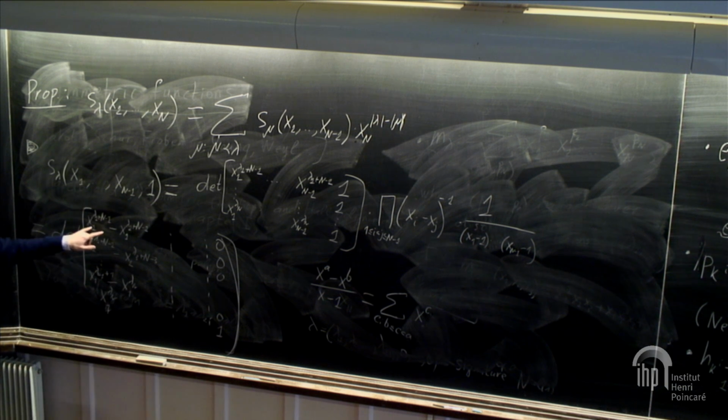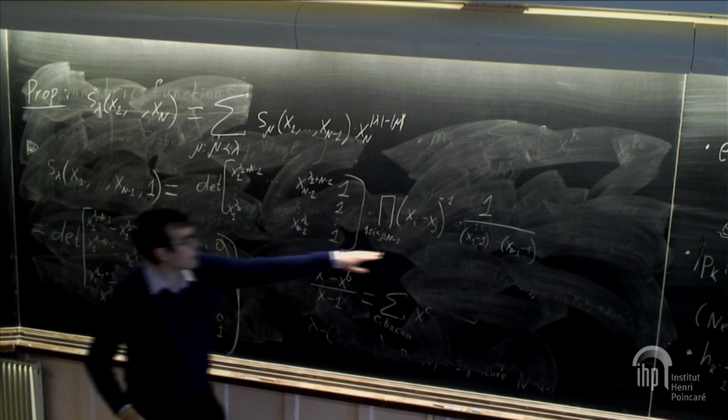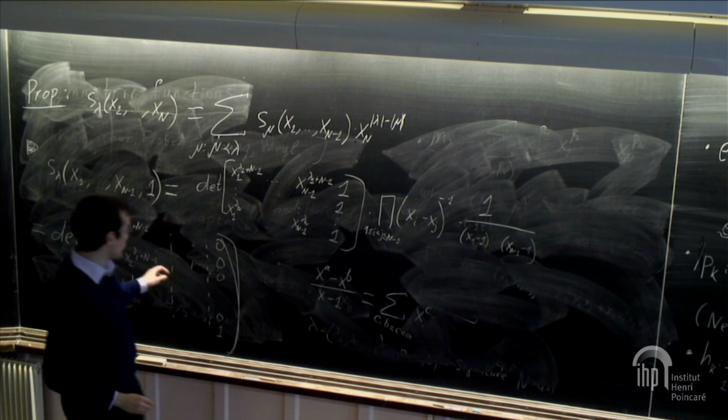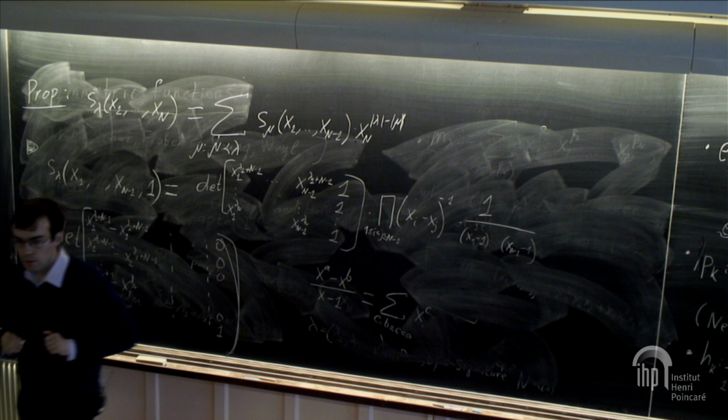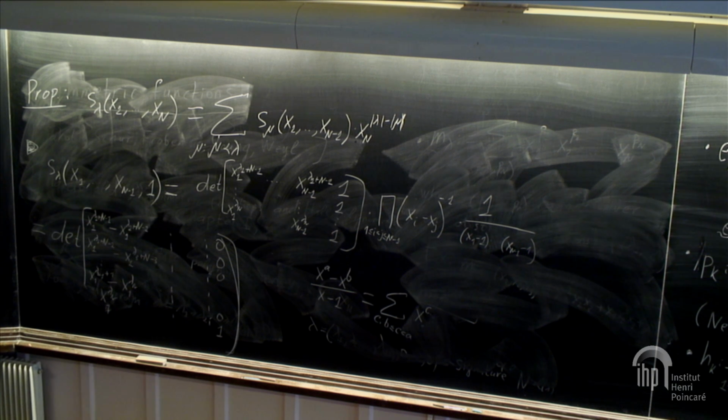So I have a difference of two powers of x1, and if I divide this by x1 minus 1, I can write it as a sum of powers of x1.